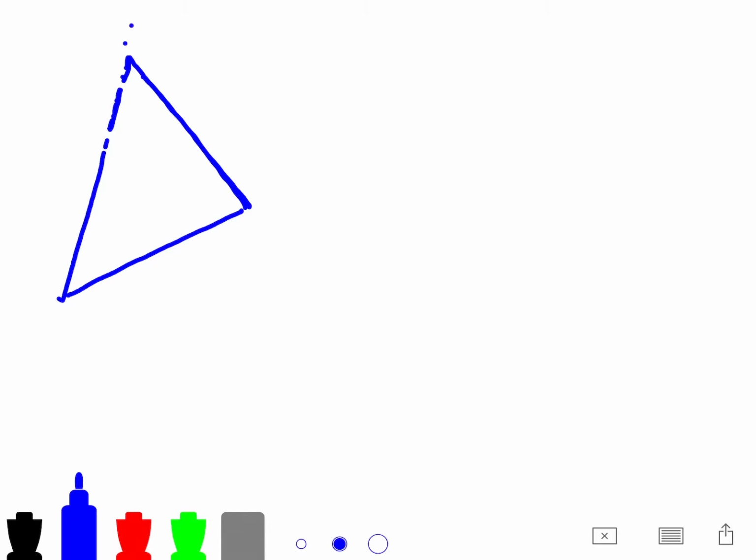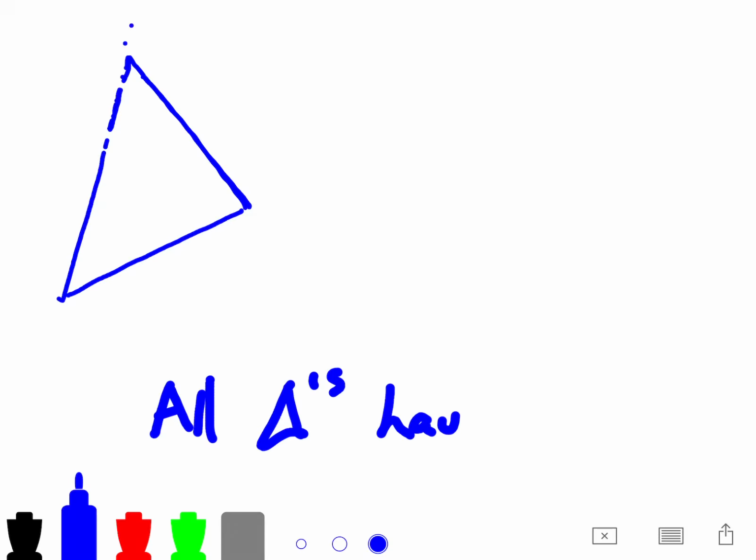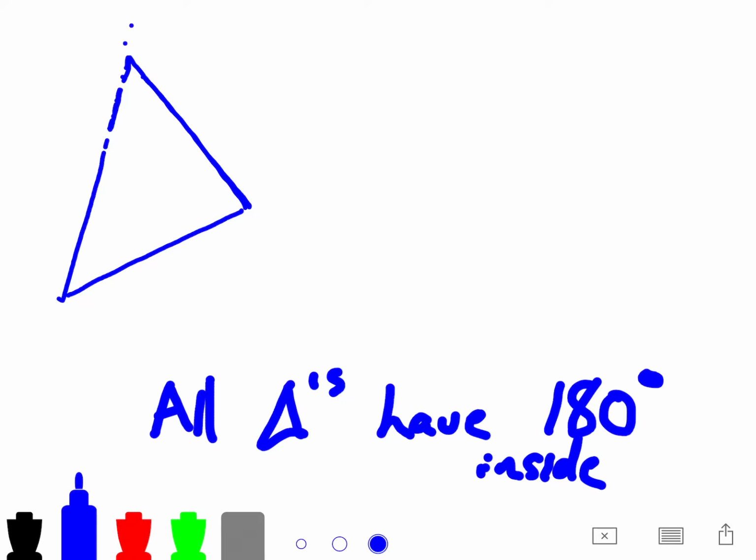So remember that all triangles, and this is one of the great all-encompassing statements, all triangles have 180 degrees on the inside. Always and forever. So an acute triangle, all three of those angles are smaller than 90 degrees.